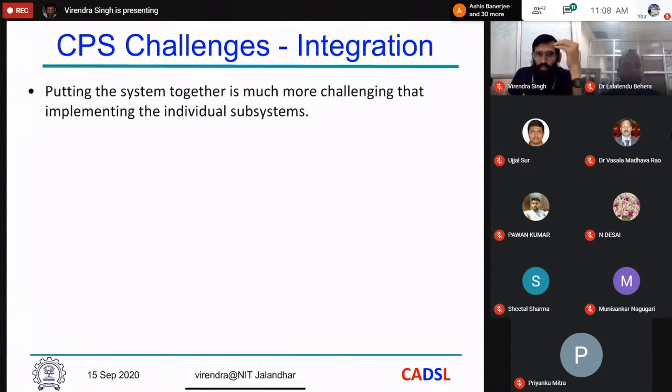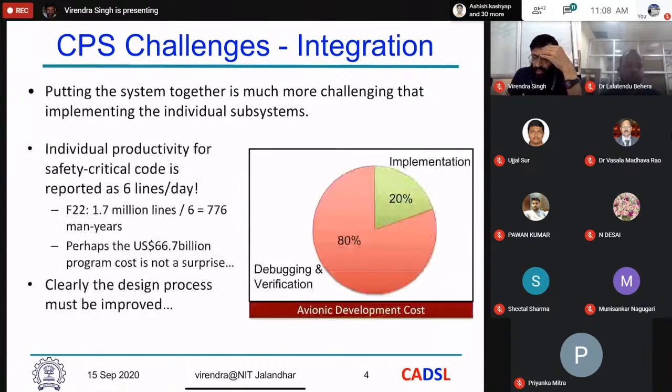CPS challenges we discussed last time: a CPS is more or less putting together multiple systems which can work together to do some job. We have seen that a large amount of effort goes into debugging and verification of the system.